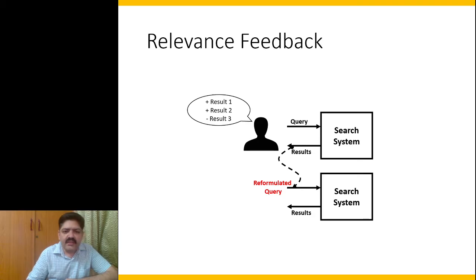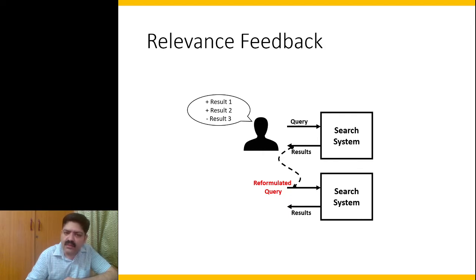So here is the context. I repeat, we have a user who has an information need and who is interested in looking at relevant results. So he files a query to a search system and our search system returns some results. Instead of showing these results directly to the user, or sometimes we do show these results directly to the user, and then we use the information we get after showing the results to the user.